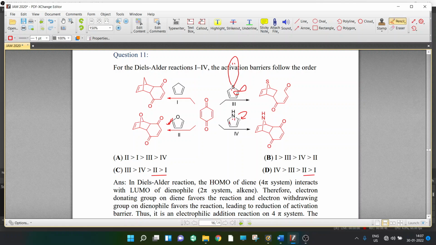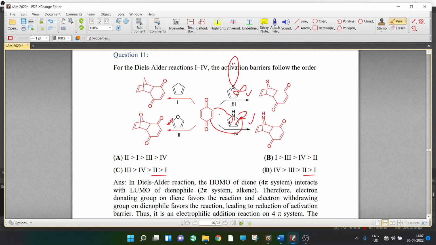Because more electron density is there, they undergo nucleophilic addition. So this can go and attack on this side, then this will come and attack on this side, and that's how the reaction happens, and therefore this 4 will be faster than the third.